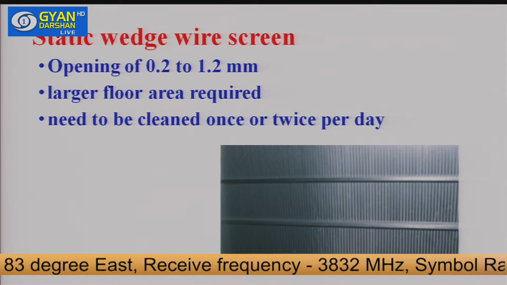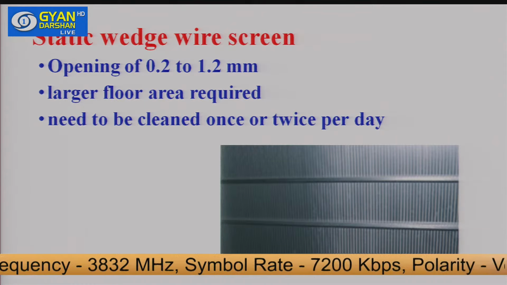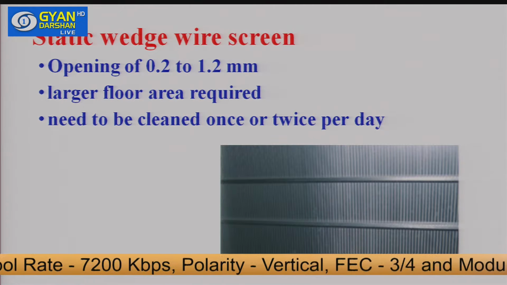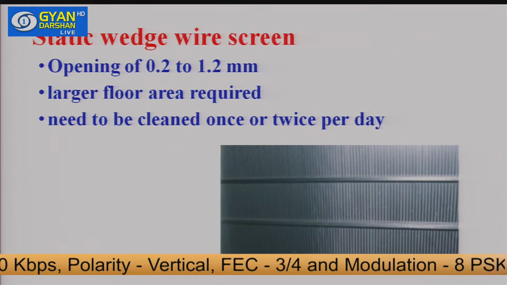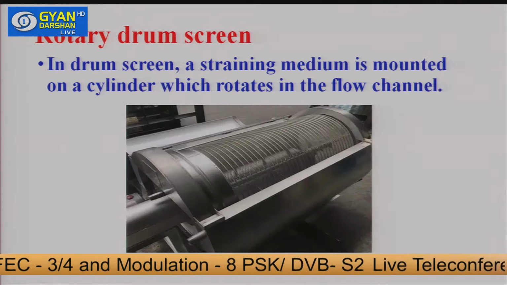Regular cleaning is required for their effective functioning. Otherwise these screens get blocked and proper functioning will not happen. So the clogging of these screens has to be removed by cleaning from time to time.